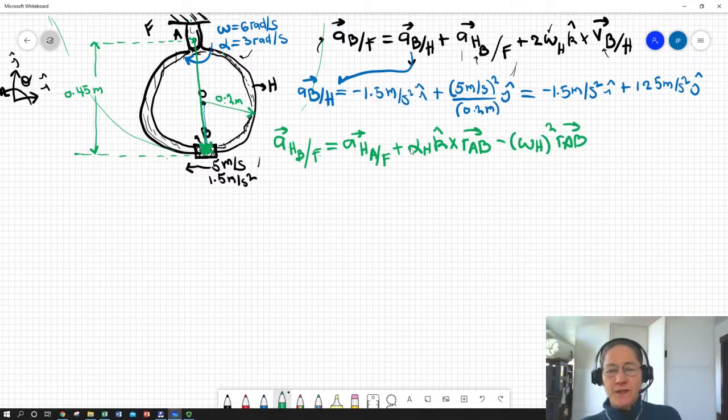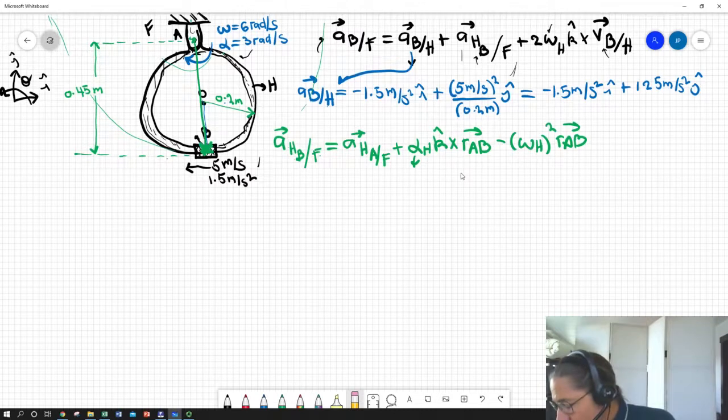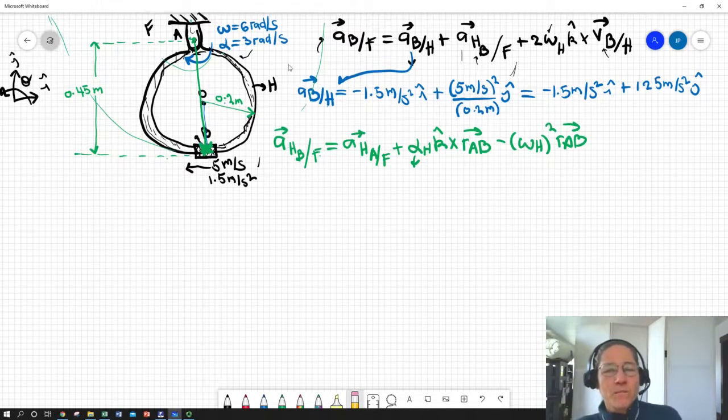Okay, we were given this, and that is going to be a negative number. Because we've defined positive as counterclockwise, and these are going in the clockwise direction, that's going to be negative 3 radians. Which one's the velocity and which one's the acceleration? We need to fix our units up here.